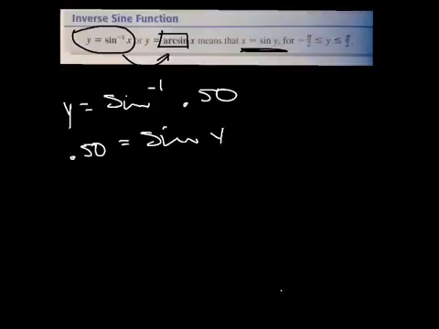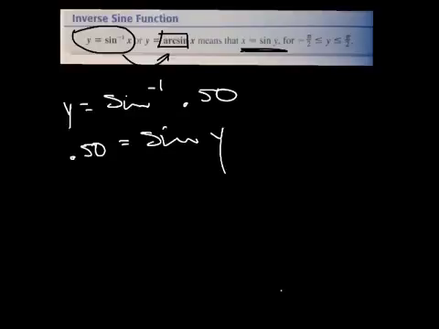So let's put some real life things in here. If I have y equals the sine -1 of 0.50, that is the same thing as 0.50 equals the sine of y. Okay?